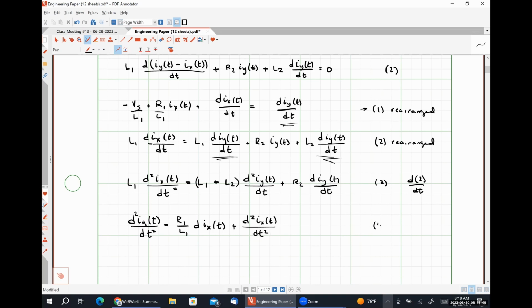Let's call this 4, and this is simply the derivative of equation 1 with respect to time. And now I should be able to substitute 1 and 4 into 3.